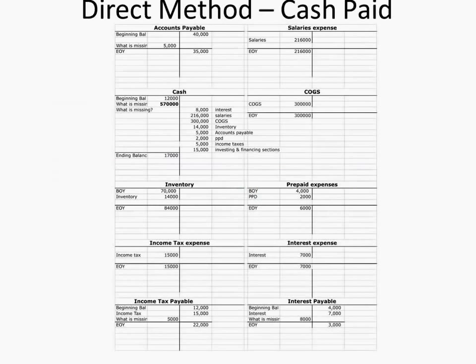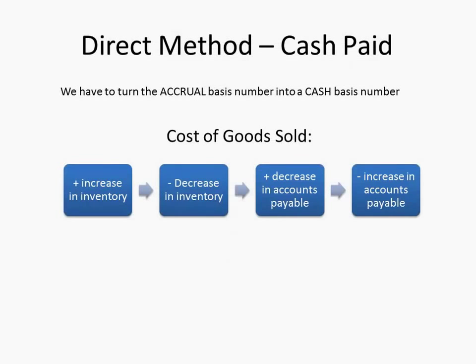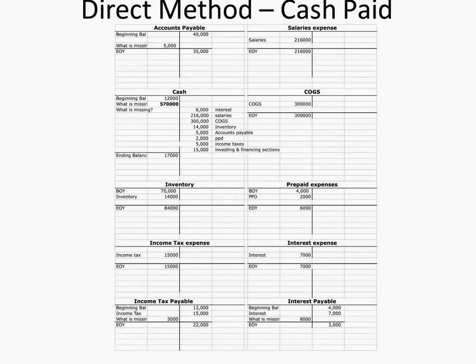Right. So you have your cost of goods sold. What did I say to do with a decrease in accounts payable? Add it. Okay, accounts payable went down, so you have to add it. And I said also look at the related inventory account.